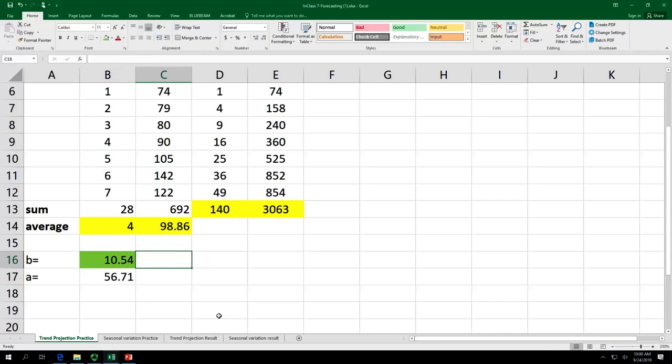So the result: B equals 10.54, and A, the intercept, is 56.71.